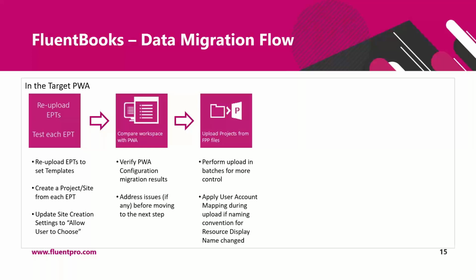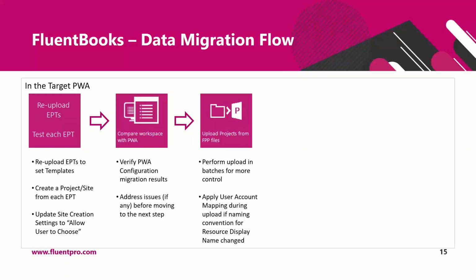into the target PWA. We recommend to perform this upload in batches for more control, especially if you have a large number of projects. Also, if you have a large number of projects and would like to parallelize the activities, like upload in several threads, this is possible, but for such upload, you would need to have several migration machines and several migration accounts.